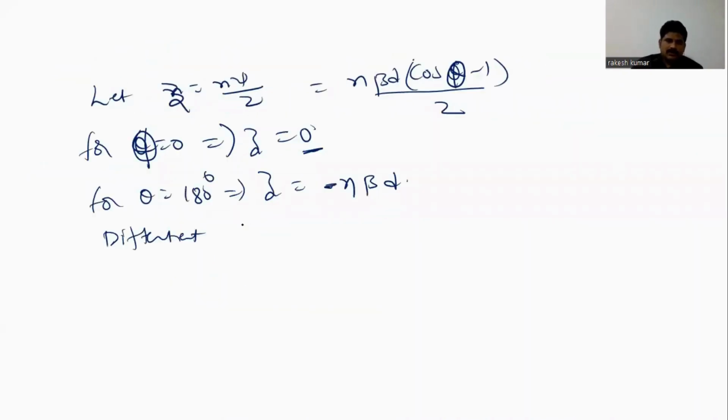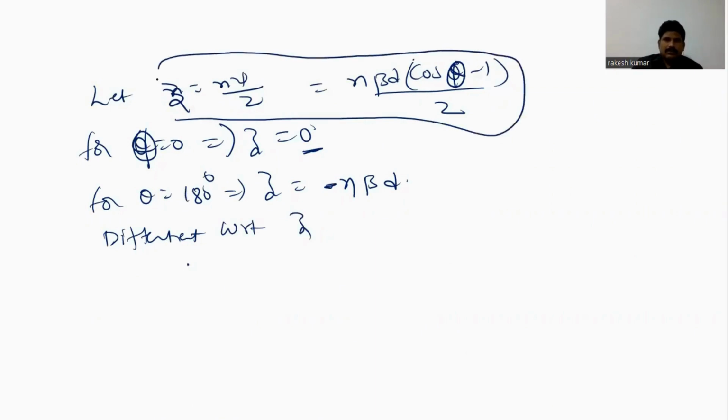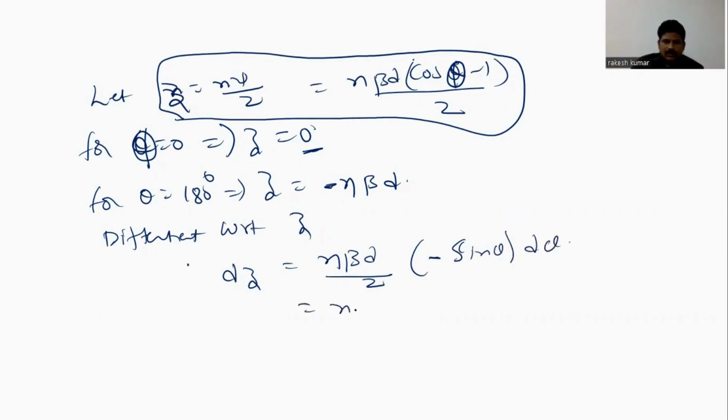So differentiating with respect to z, this is the value of z. Now differentiating, dz is equal to n beta d by 2 into minus sin theta d theta, or n into 2 pi d by 2 lambda into minus sin theta d theta.